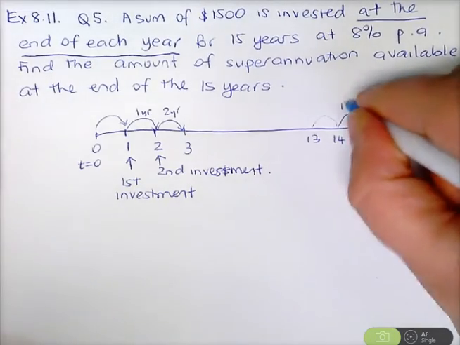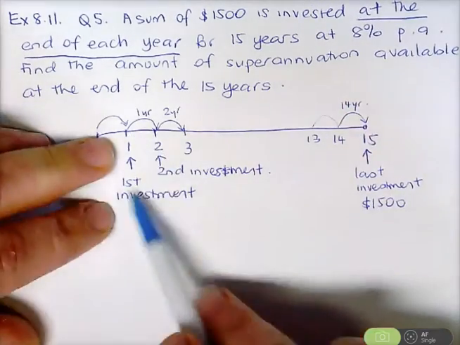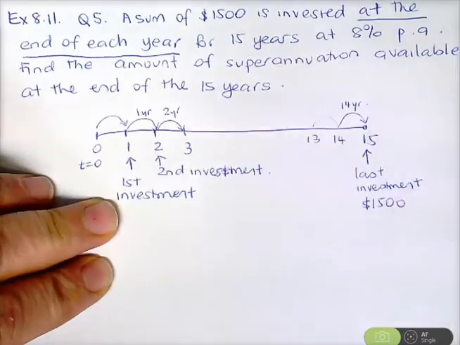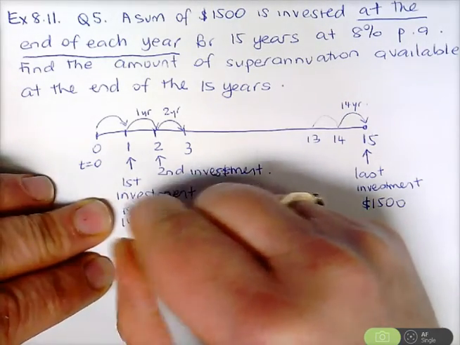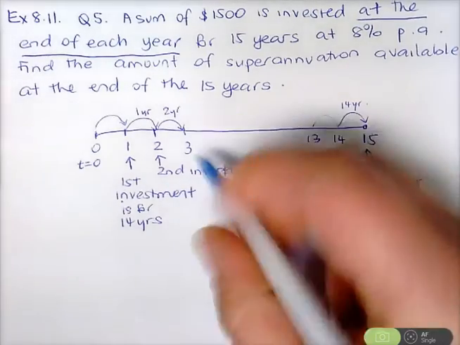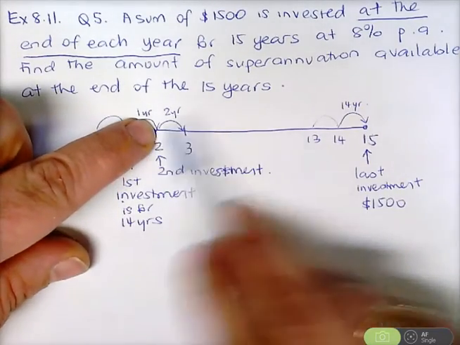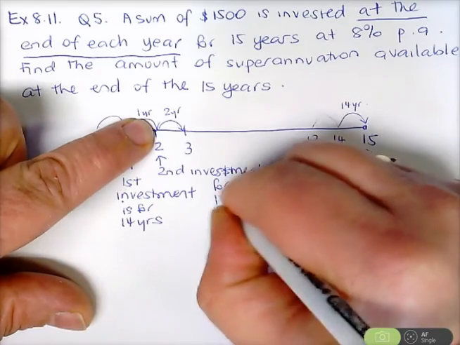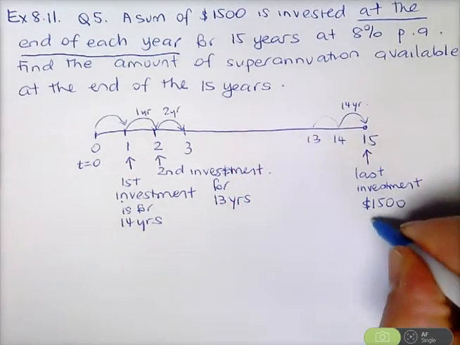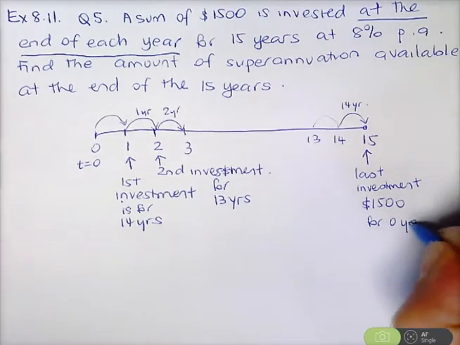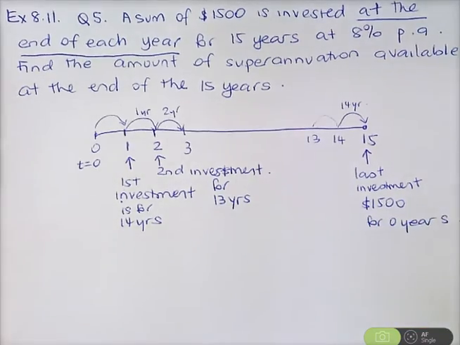So this will be 14 years of investment for the first amount. So the first investment is for 14 years. Okay, the second investment will be for 13 years. Now the last investment of $1,500 is for 0 years, so it doesn't earn any interest.